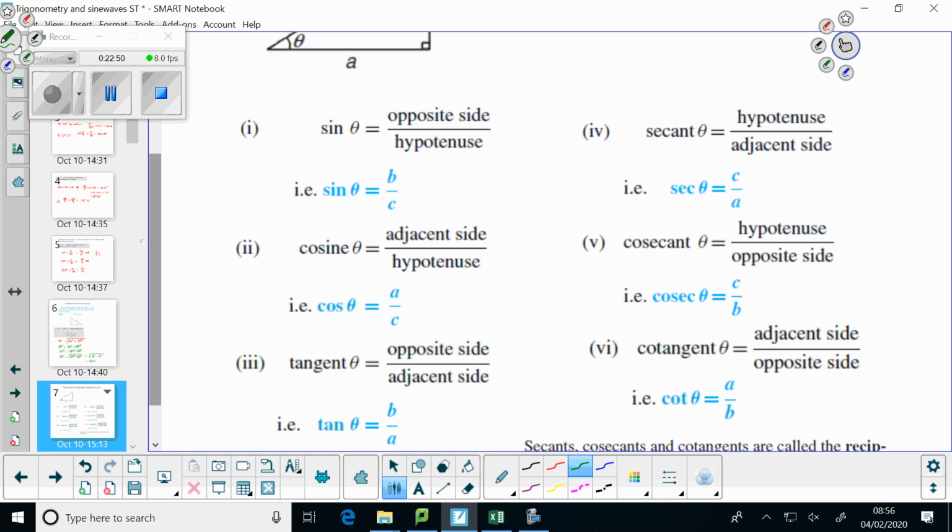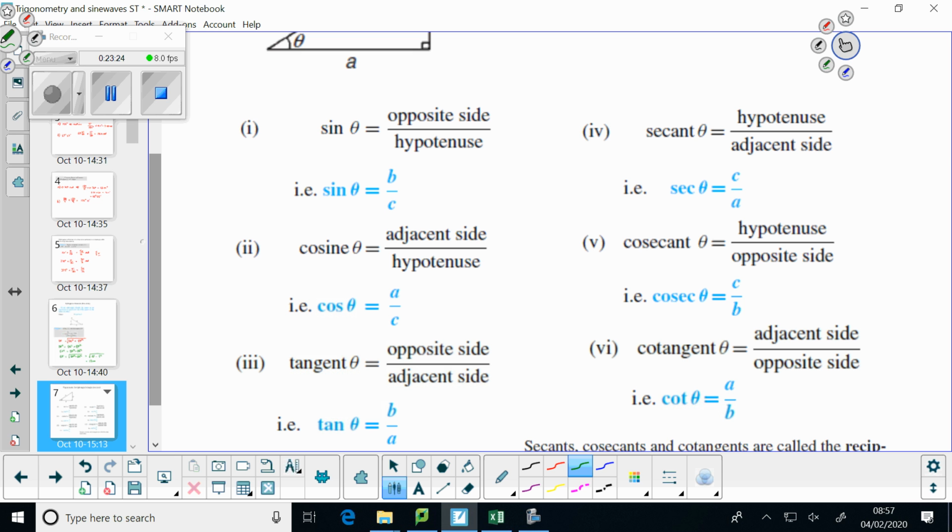Now sometimes it's useful to use the inverse trig ratios. So they are secant, which is the inverse of sine. So instead of being opposite over hypotenuse... Sorry, please look the wrong way.